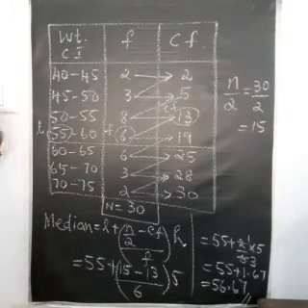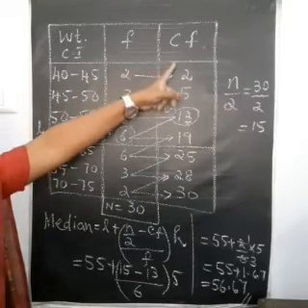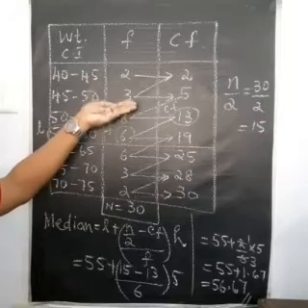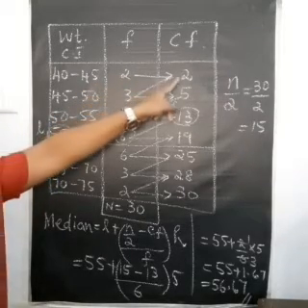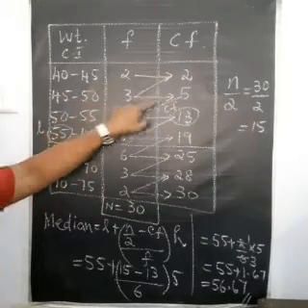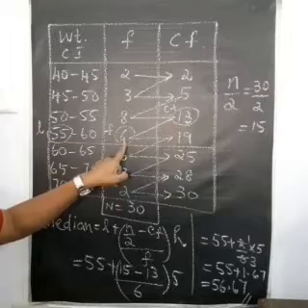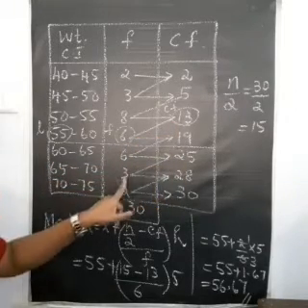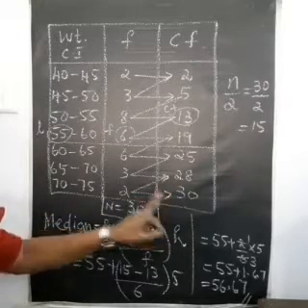So the median of this grouped data, how did I find it? First I found the cumulative frequency by adding the next frequency to the previous one. First I keep it as 2, then 2 plus 3, 5, 5 plus 8, 13, 6 plus 13, 19, 6 plus 19, 25, 3 plus 25, 28, 2 plus 28, 30.